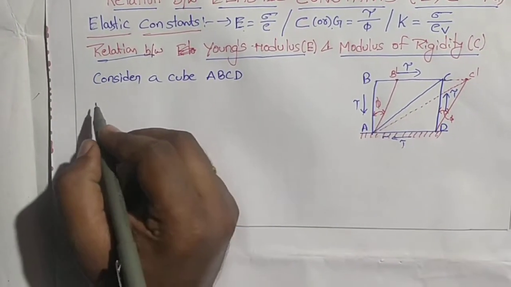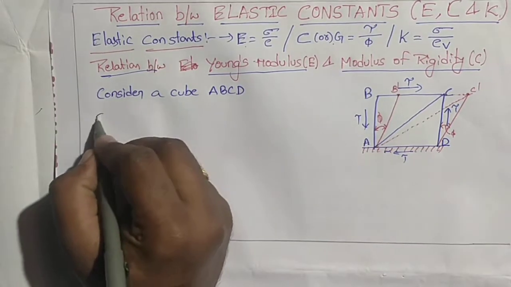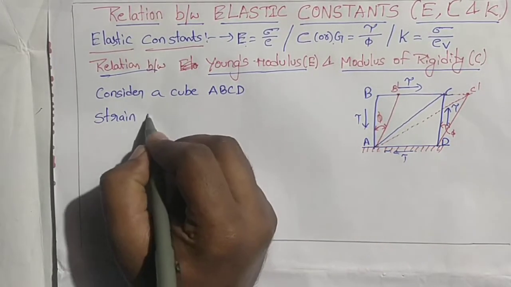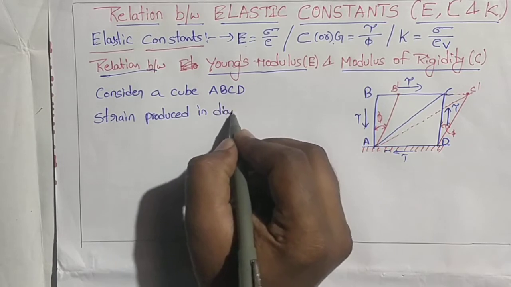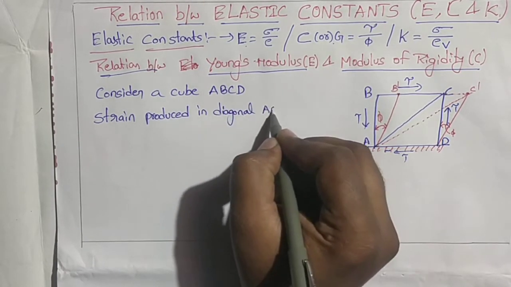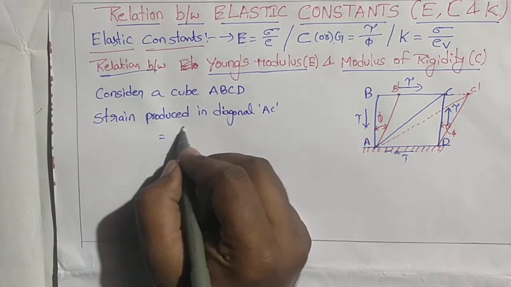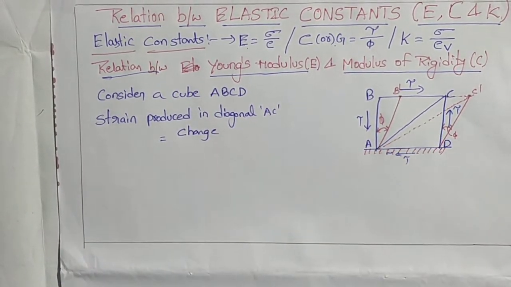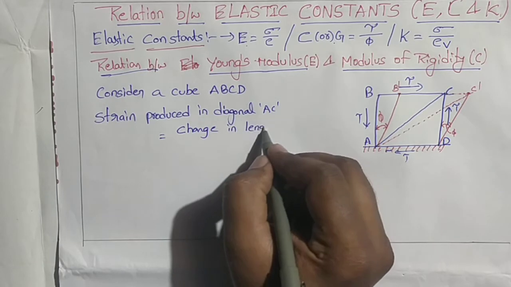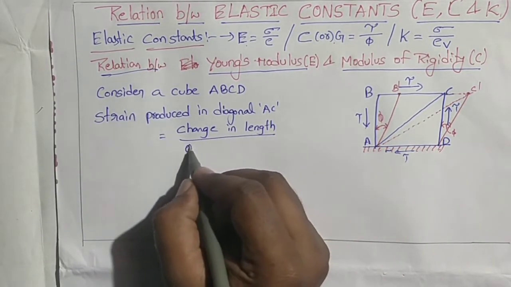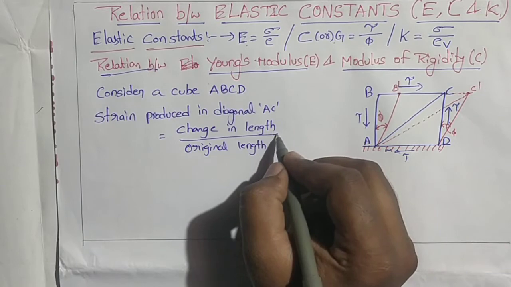Strain is the ratio of change in length to original length. Change in length divided by original length.